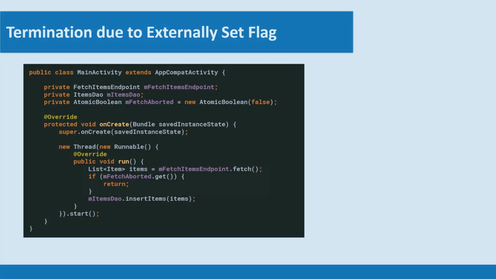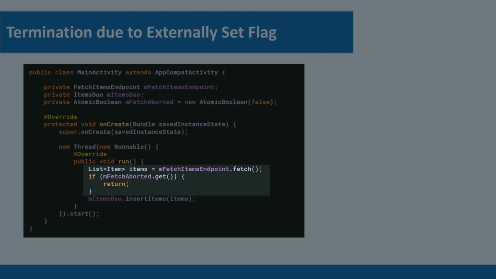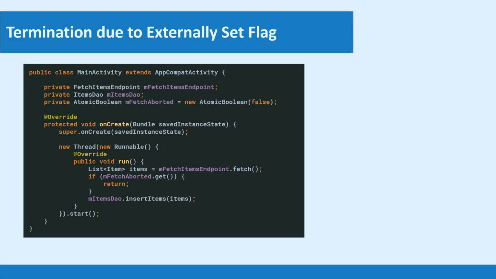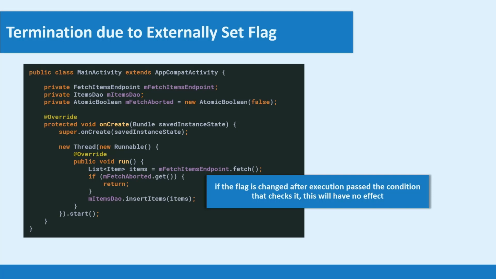So inside the run method, after the fetch is completed, we check the value of this flag, and if this flag is true, we again short circuit and return from the run method without inserting items into the database. In other words, if any entity in our application changes the value of this flag to true, then this thread will short circuit and return from its run method without executing all the code. One very interesting and tricky thing to note here is that if this flag is changed after the thread passes this if check, then this will have no effect whatsoever.